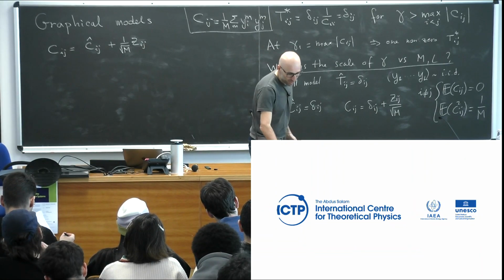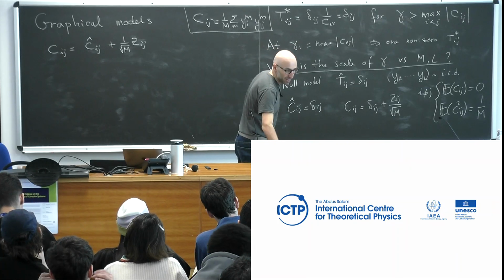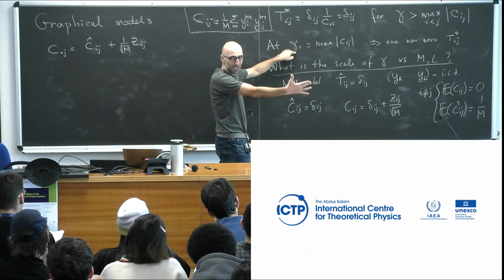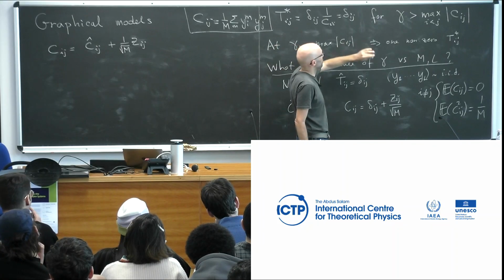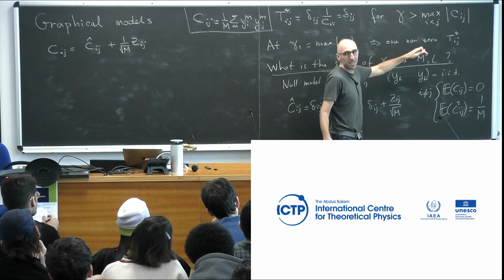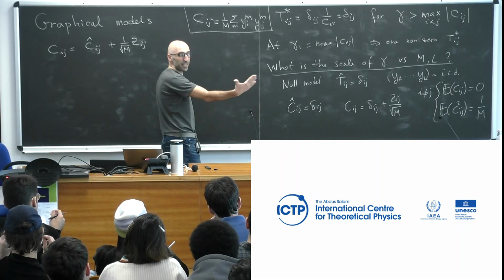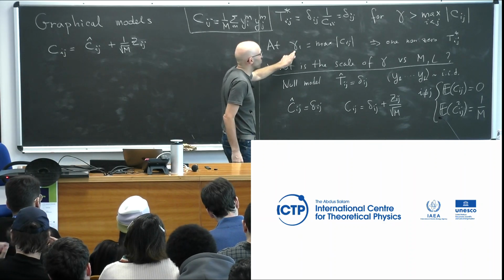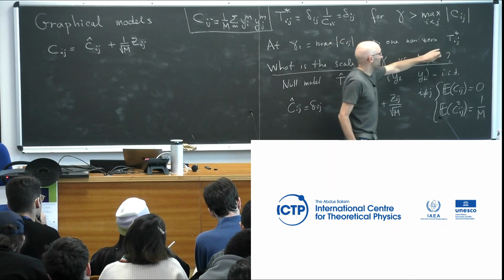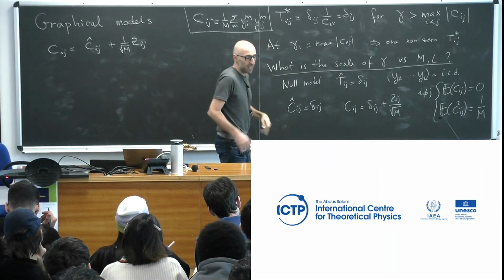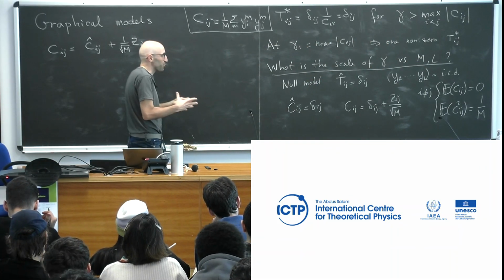So then what is the scale of gamma? If I put a very large gamma, my estimator t is the identity, which is correct in this case. If I reduce gamma, I will start to have non-zero matrix elements in my estimator when gamma is the maximum of C. So this is when I'm starting to fit the noise.